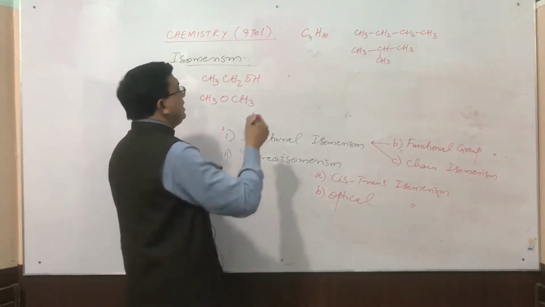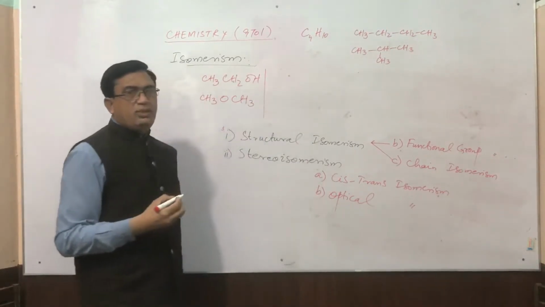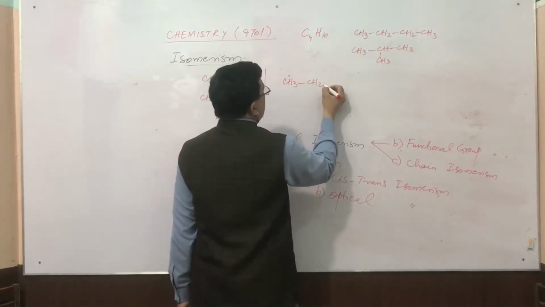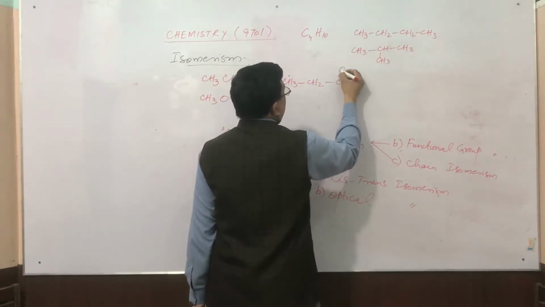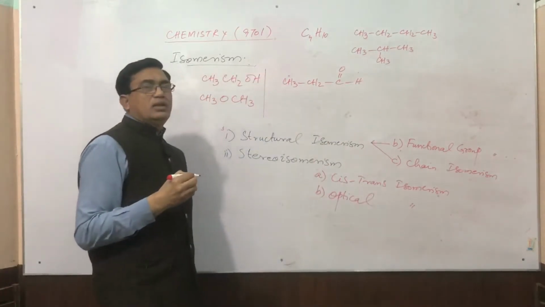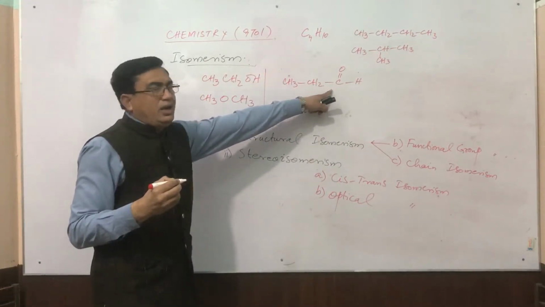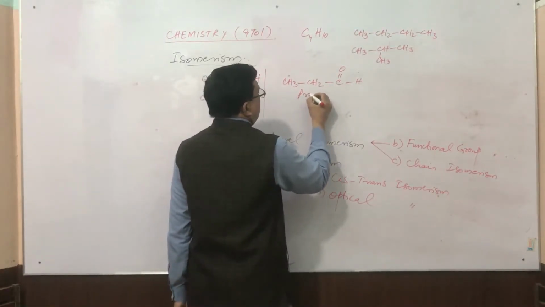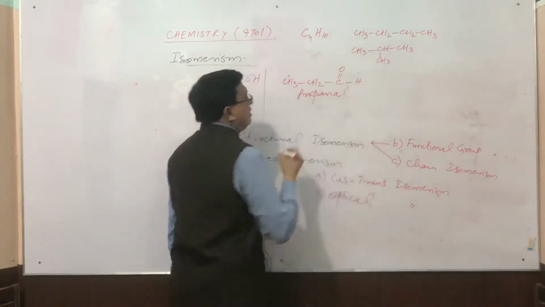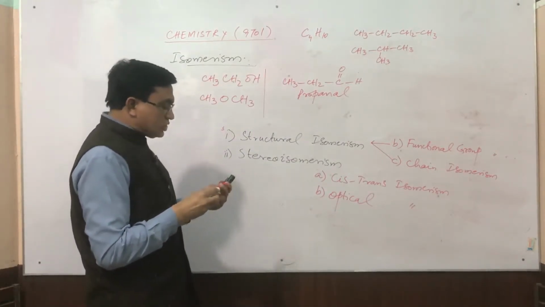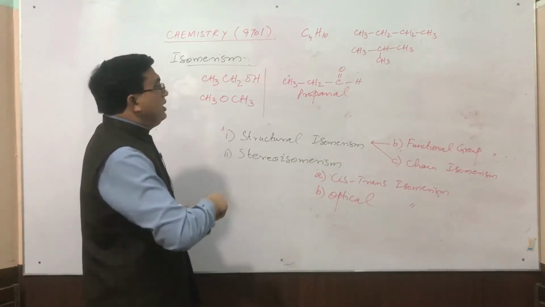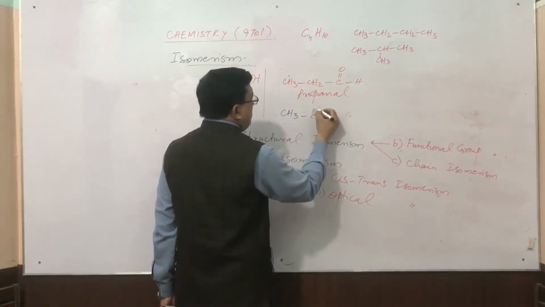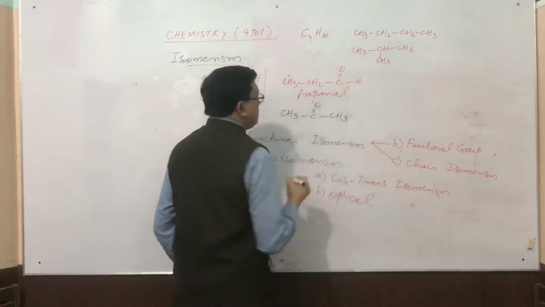Second example of such isomers: CH3CH2CHO. This is an aldehyde, propanal. But if I exchange the atoms and create some change in this compound, it will become CH3COCH3.